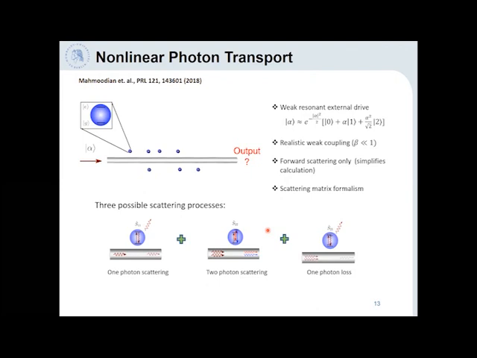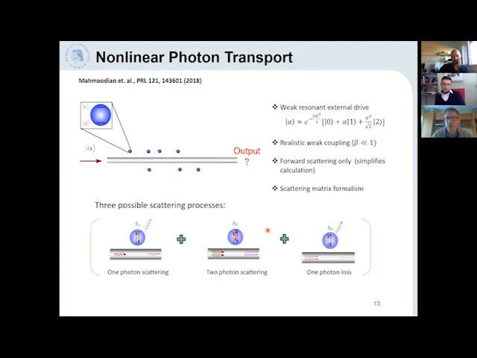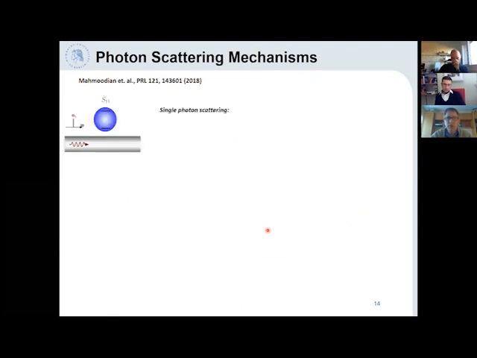So if we want to know the output, in order to get the scattering matrix of the ensemble of atoms, we just have to take these corresponding scattering matrices to the power of n. Okay, that corresponds to these processes. So now let's go through these photon scattering mechanisms a bit more in detail.